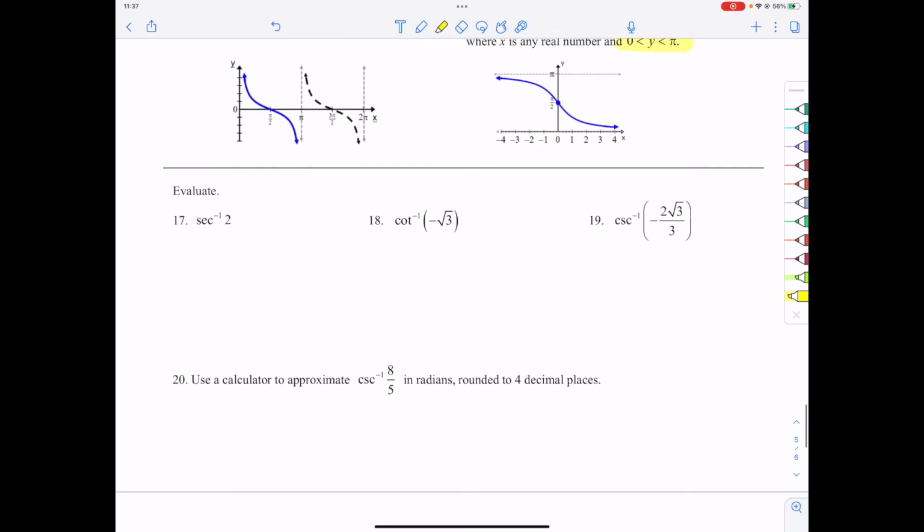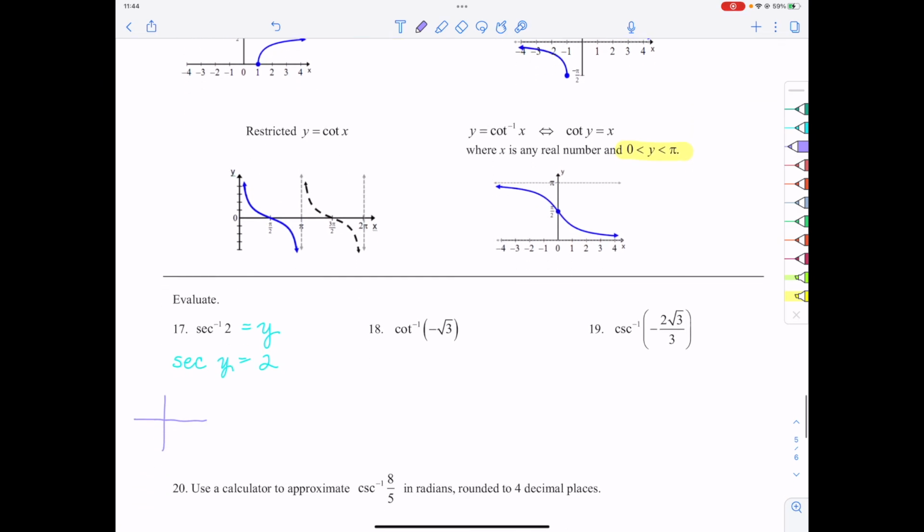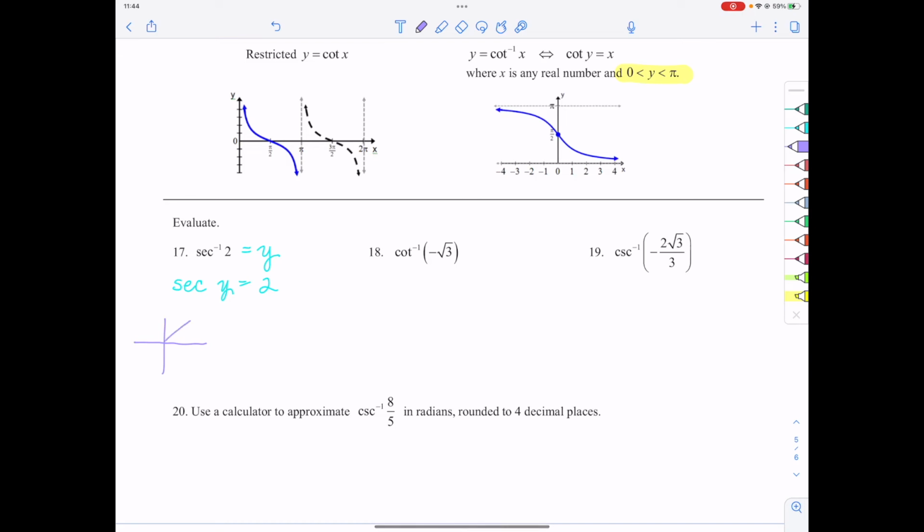Let's evaluate a few of these. We have the secant inverse of 2. We'll work these the same way. That's equal to y. So we can now say that the secant of y is equal to 2. For the secant, we can give an angle in either quadrant 1 or quadrant 2.